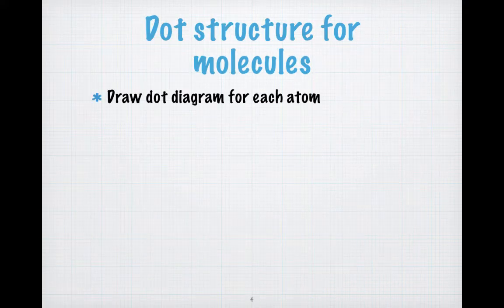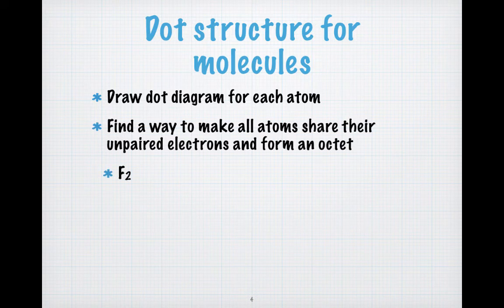Let's take a look at dot structures for molecules. One of the things that we can do is draw a dot structure for each atom, and then find a way to make all the atoms share unpaired electrons so that all atoms have an octet around them. Some examples we'll look at in class are F2 and HClO.